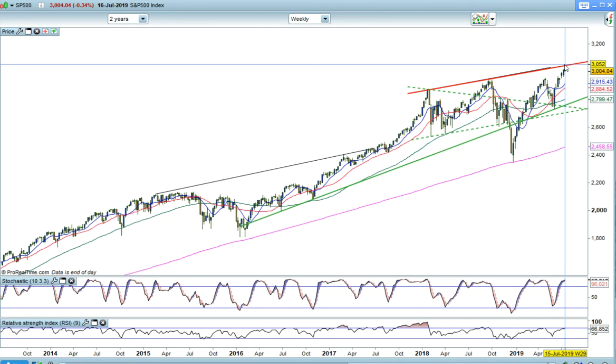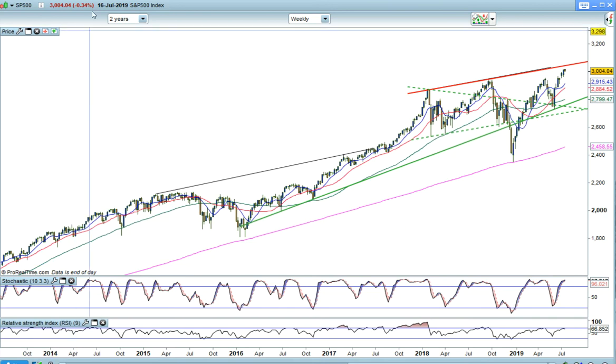Now, if that takes out 30.45, you then have a measured target of 36.40.